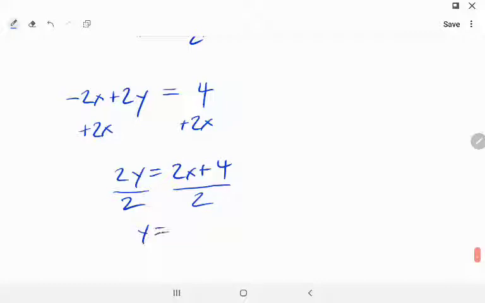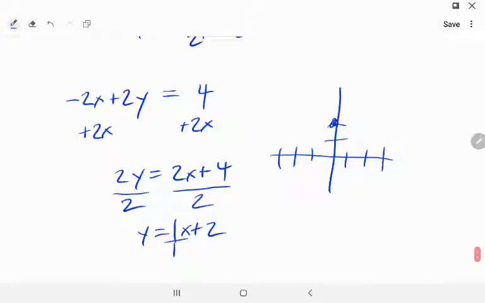And we'll get y equals x plus 2. We remember that if we don't see a coefficient, we can think of it as being a coefficient of 1. And in particular, we think of it as being 1 divided by 1. So we notice that we're just going to get a y-intercept of 0, 2, and then the slope of 1 means that we can go up 1 over 1 or down 1 back 1.